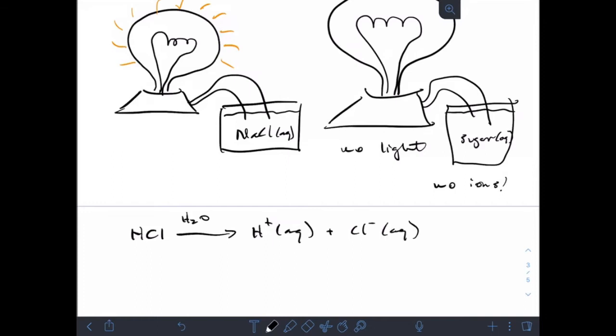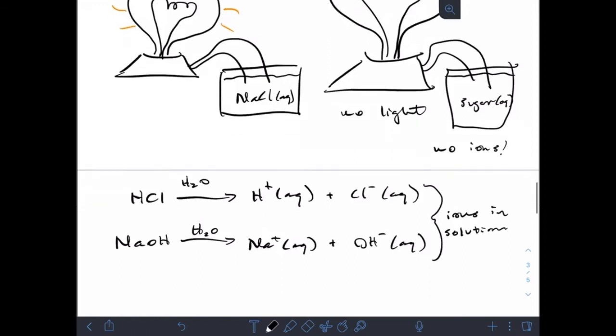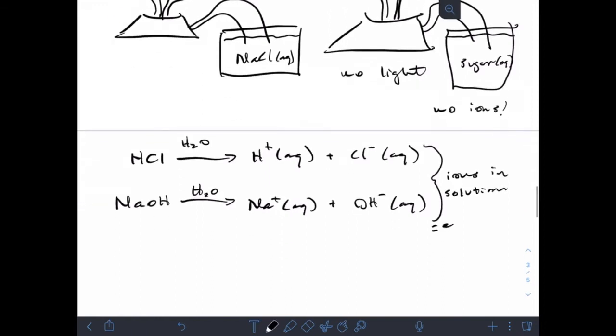If I have sodium hydroxide in water, I'll get some sodium plus and some OH minus. If I can make ions in water or ions in solution, that means that it's an electrolyte.